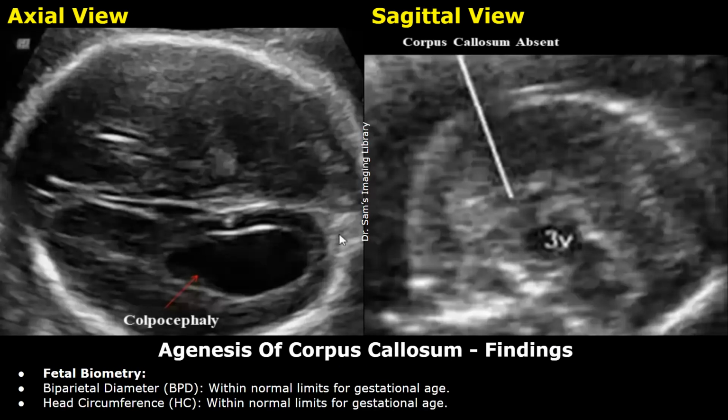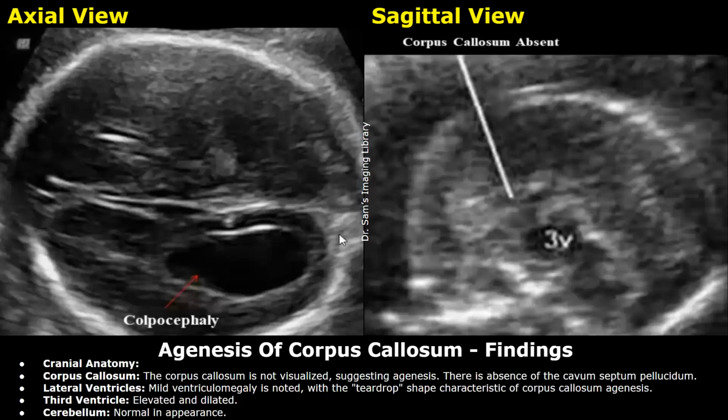These are the findings. The BPD and HC are normal. Corpus callosum. The corpus callosum is not visualized, suggesting agenesis. There is absence of the cavum septum pellucidum. Lateral ventricles. Mild ventriculomegaly is noted, with a teardrop shape characteristic of corpus callosum agenesis.